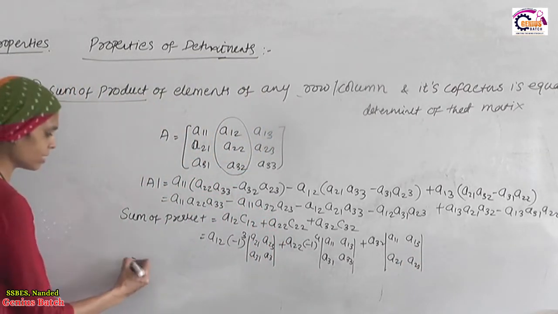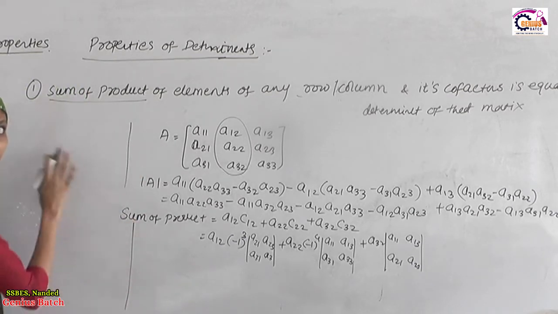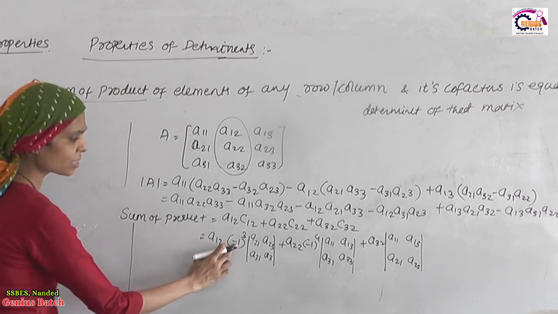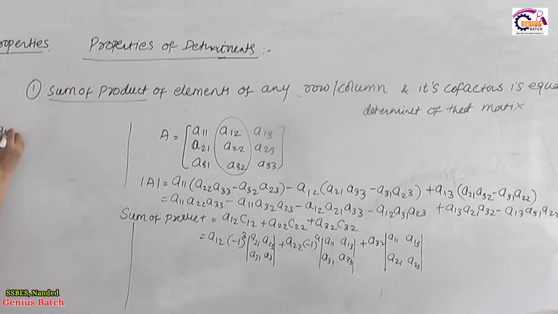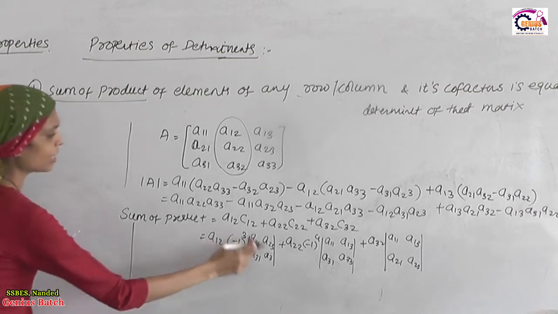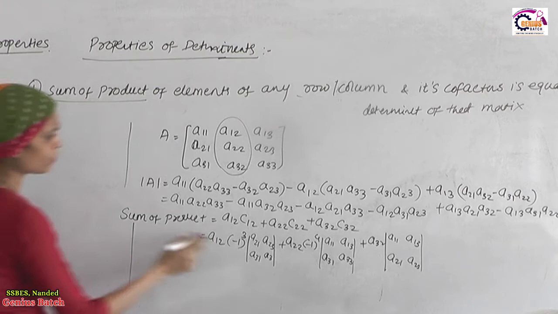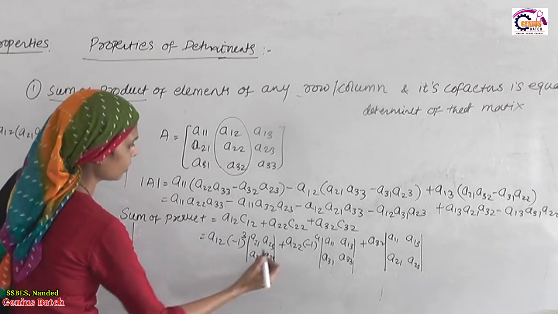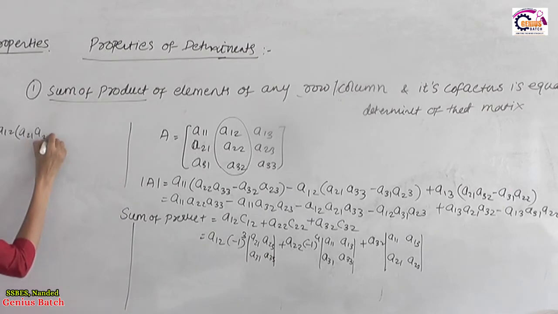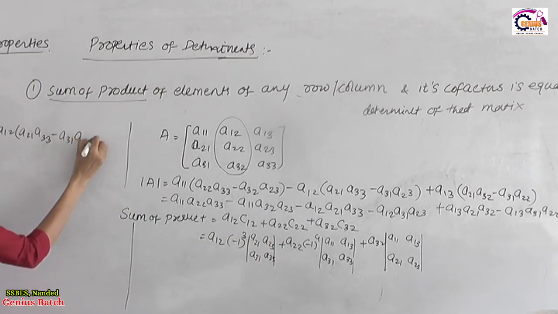If we solve this, I will write the product here. Minus 1 raised to 3 is minus, so minus A12 times (product of diagonal elements A21 A33 minus product of non-diagonal elements A31 A23).